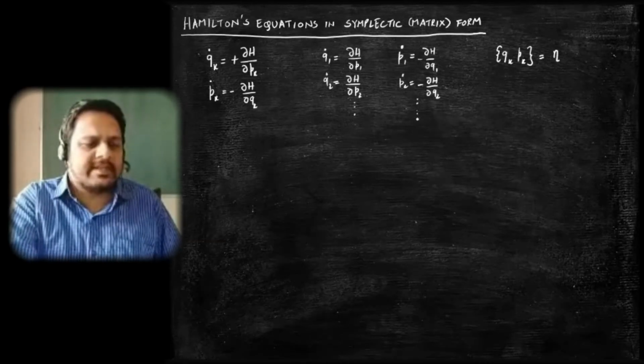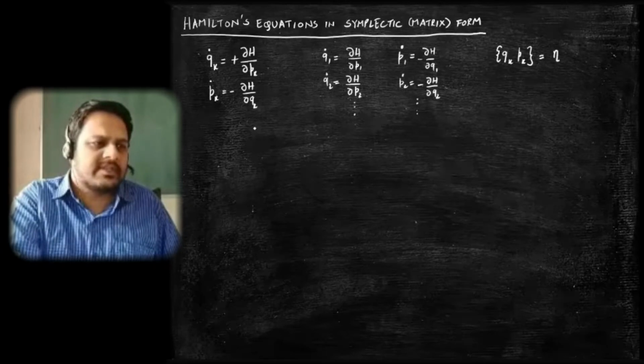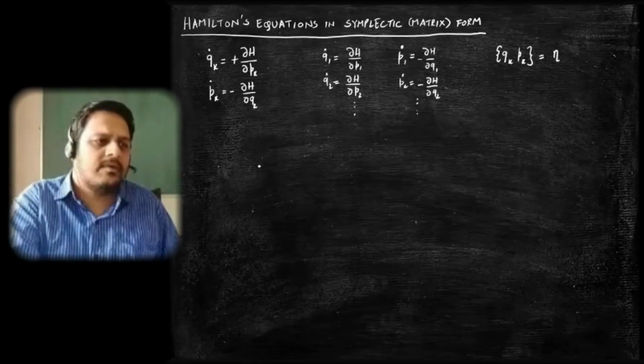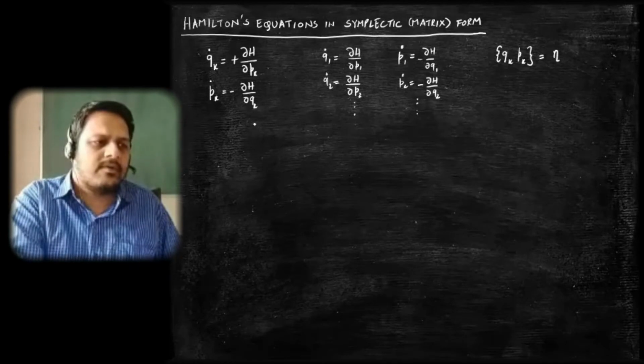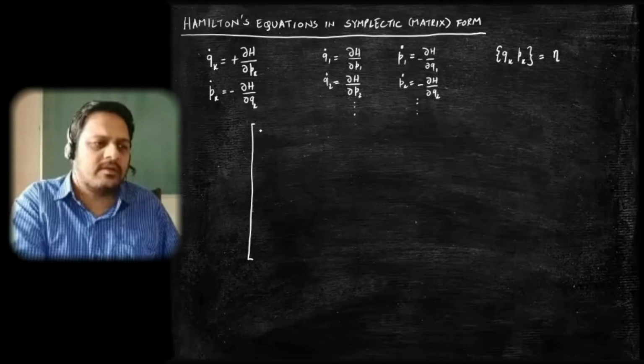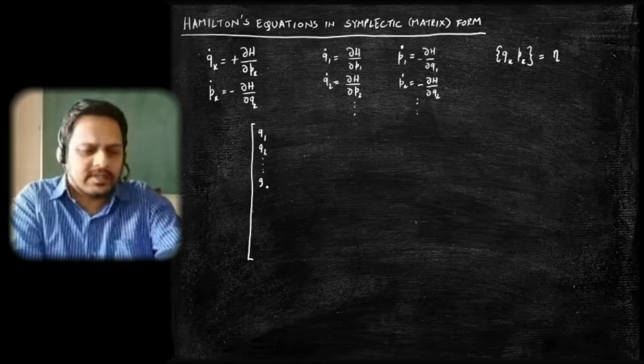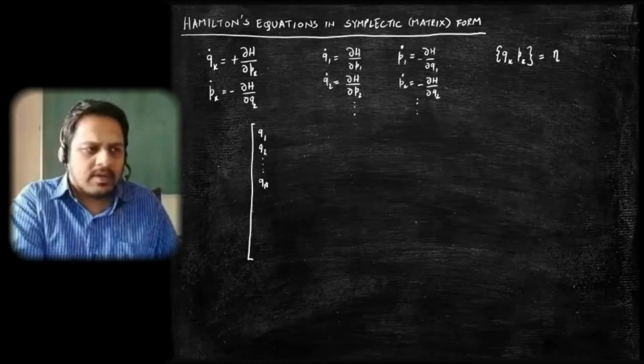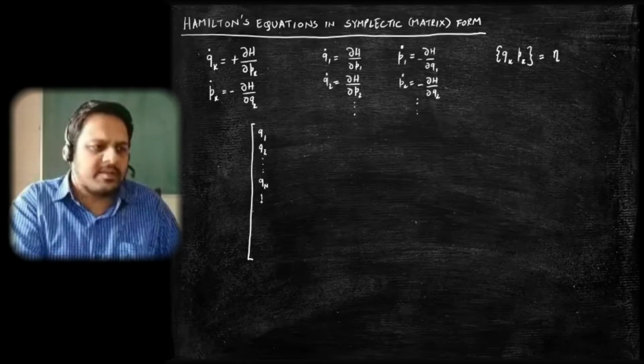Now if you look at this entire set of 2n equations, basically what you have is, on one side, if you list all of them together, q1, q2 up to, let us say, qn, and in the same listing, let me list out the momenta also, p1, p2.